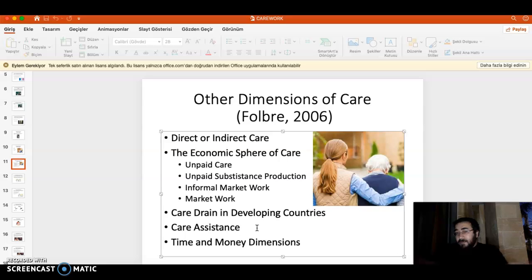Those should also be measured to see an important dimension of the gender inequality issue. And it should also be possible to bring those time and monetary dimensions together, according to Nancy Folbre, and that is a necessary thing to do to see the full picture of care.